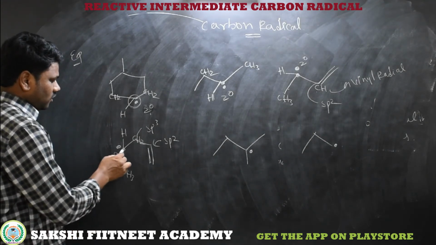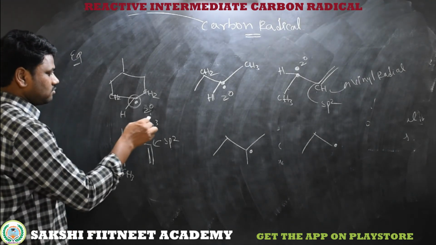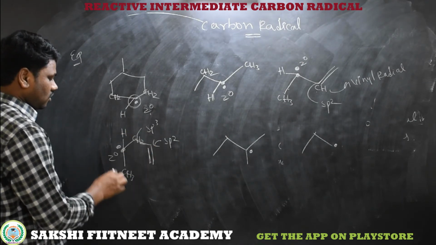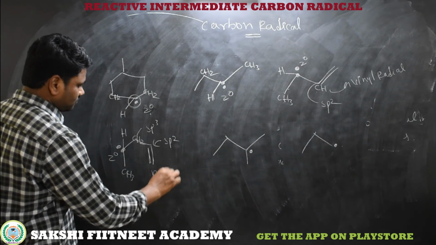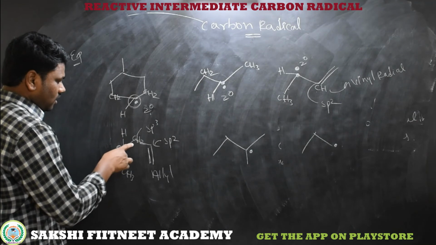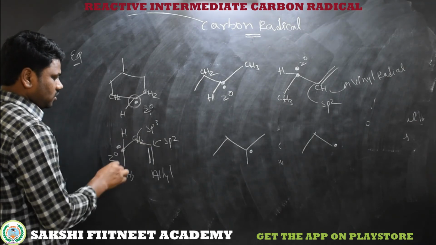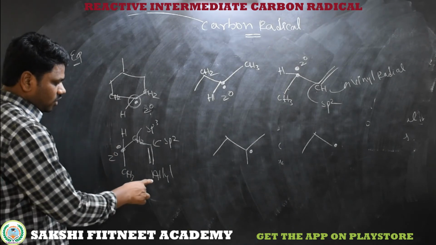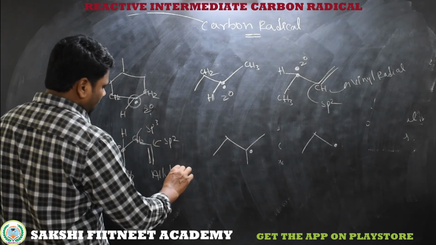The group or element bonded to an sp3 carbon that is adjacent to an sp2 carbon is called an allyl group. So here the carbon radical is bonded to the allyl, so it is an allyl radical.